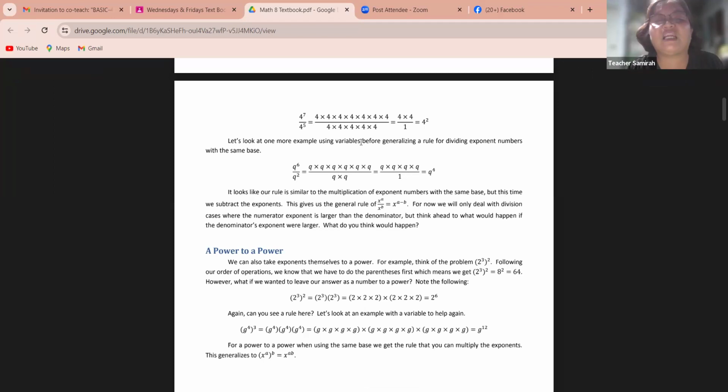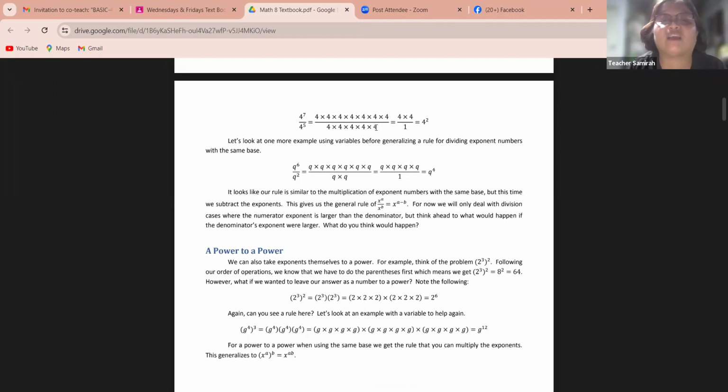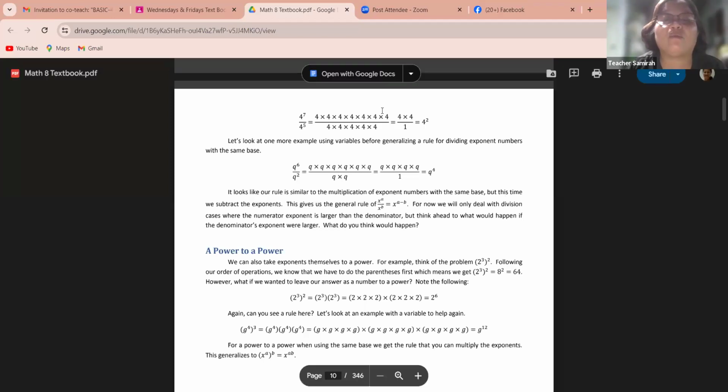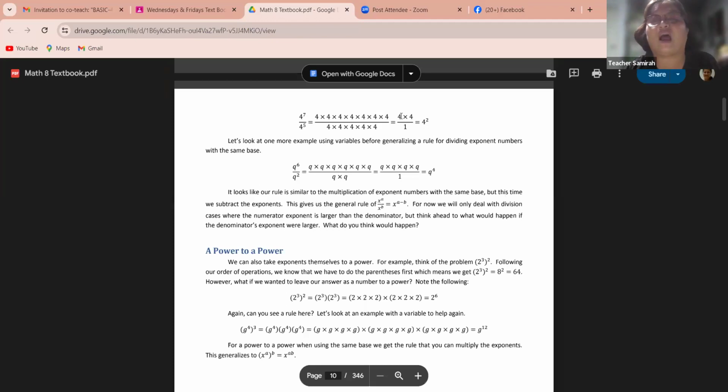So we already have 0 exponent for this one because it was all canceled, that is why we have 1. 4 raised to the power of 0 is equal to 1. What remained in the numerator is only 2 fours. That is why the correct answer would be 4 with the power of 2.